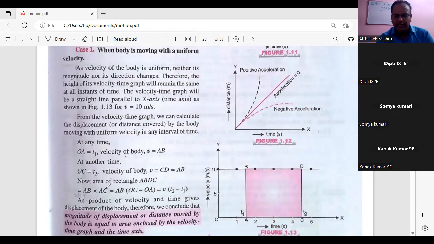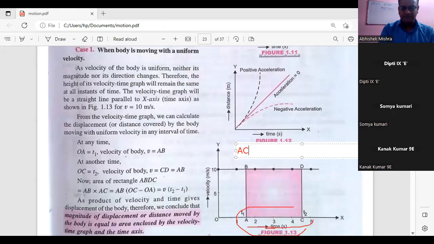Now you see, can we say AC is equal to OC minus OA?